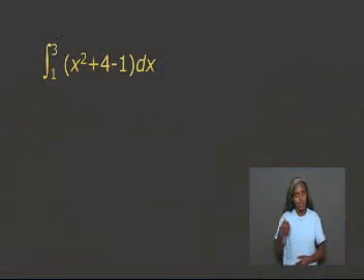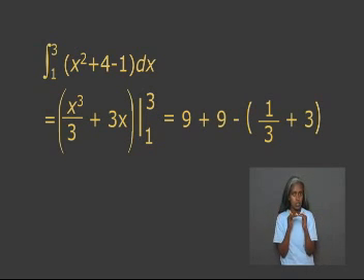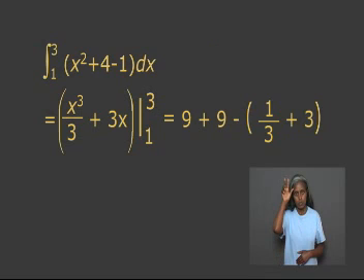We need to find the integral from 1 to 3 of x squared plus 4 minus 1 with respect to x. This equals x cubed over 3 plus 3x, restricted from 1 to 3.